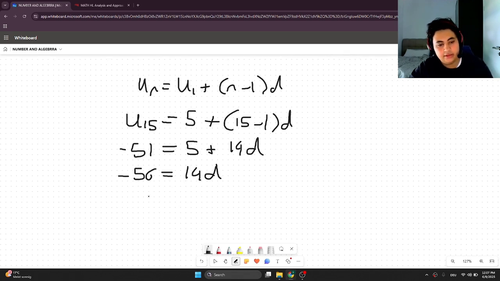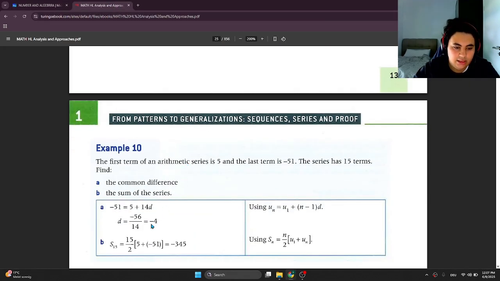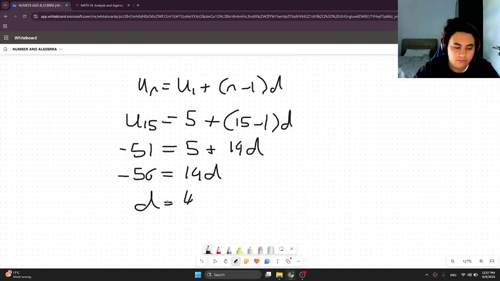Then divide both sides by 14. So negative 56 divided by 14 is 4. Let's double check that. Negative 4. Ah, yes, sorry, negative 4. So d is equal to negative 4. So this is the common difference.